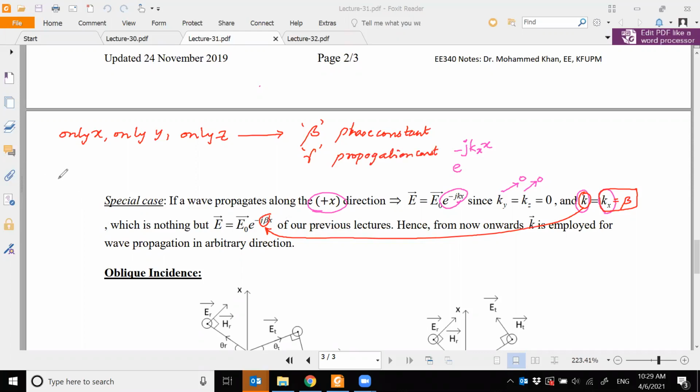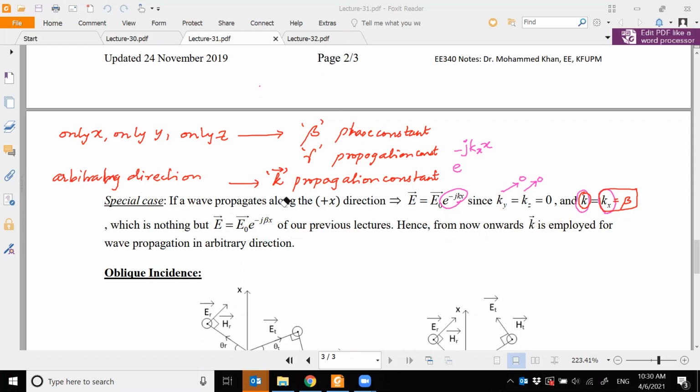Now, if we are in an arbitrary direction, then we use k, I would say k bar, as our propagation constant, because my k bar is made up of the component of my propagation constant along the x direction, the component along y, and the component along z. Okay, so is it clear?